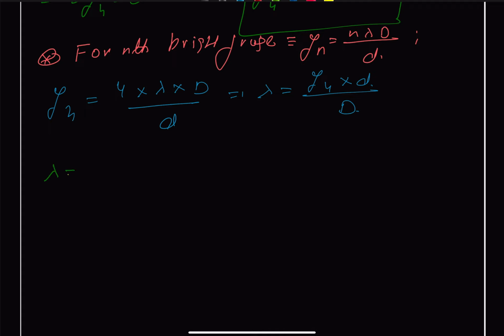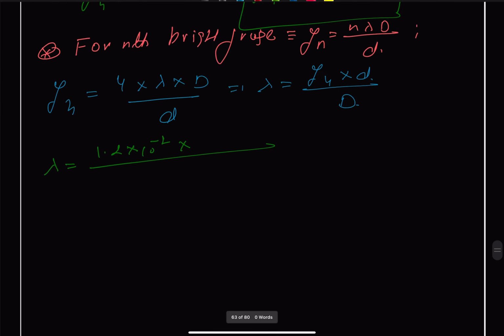We get lambda, y of 4 we found out is 1.2 into 10 to the power minus 2, small d is 0.3 into 10 to the power minus 3, capital D is 1.5, and the value of n is 4.